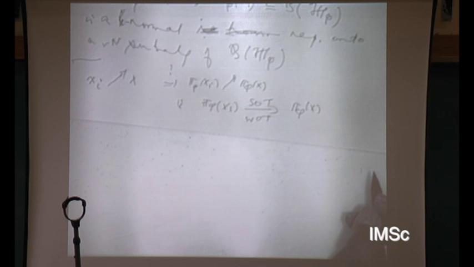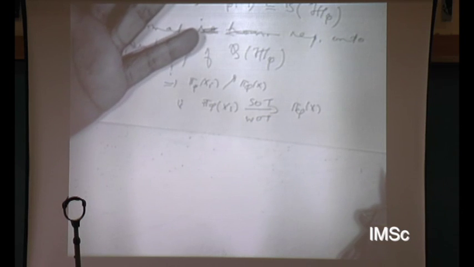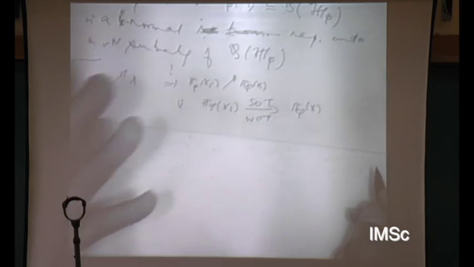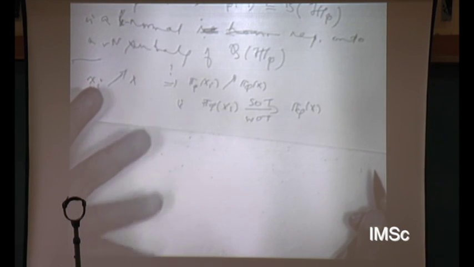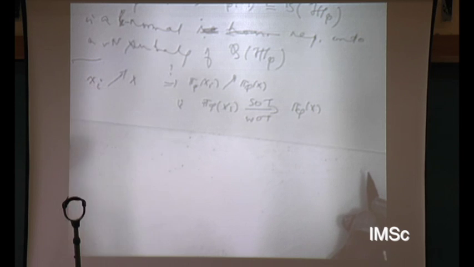If you have a uniformly bounded family of operators, to verify strong SOT convergence, it is enough to check it on a total set. That is on a dense set.